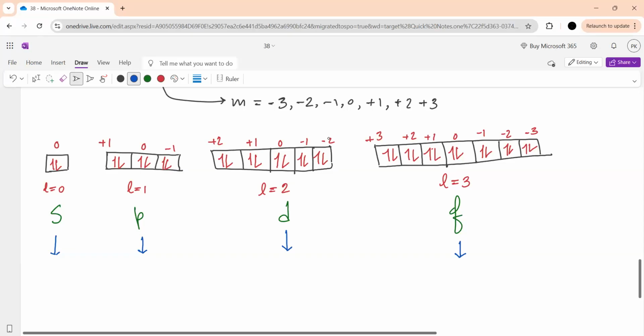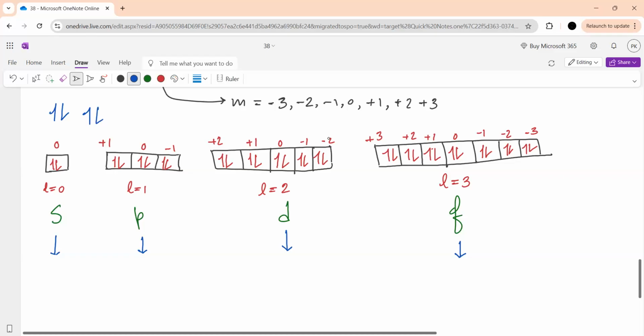Ma'am, in s orbital, we have one electron. How we have one electron? One orbital, and how many electrons had gone here? One upspin electron, one downspin electron. I have drawn two electrons there. In one box there can be two electrons, right? This up arrow is one electron, this down arrow is one electron.